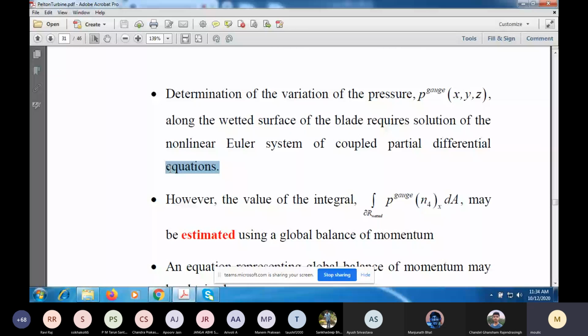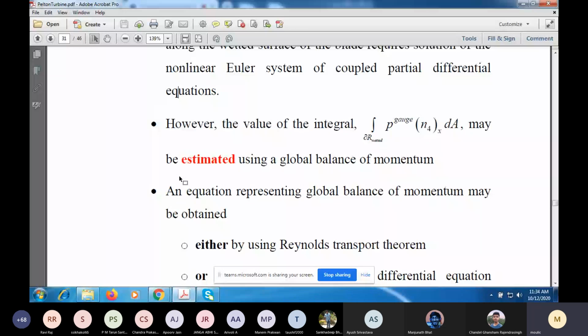Maybe you'll not be able to see the source code, but if you shell out money, you can buy the software and learn how to use it. So you have to prepare an input file, and then you'll run the program and you'll get an output file. But as an engineer, you may sometimes be happy with an estimate which is not that exact, not that accurate. And that you can get by using a global approach.